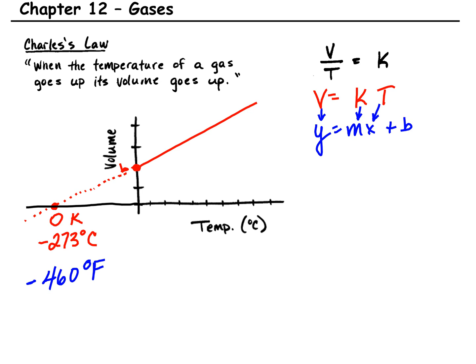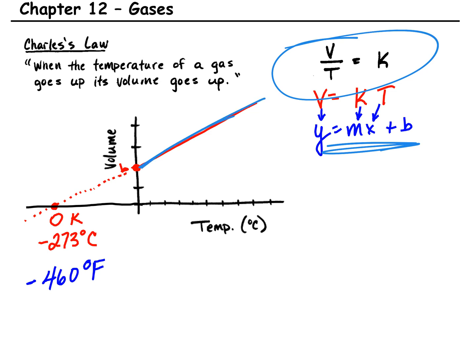If we made a graph of Charles' law, we would take the equation V over T is K and solve it for V, and it follows the form of y equals mx plus b, the equation for a straight line. If we put it on the graph, then we would have a straight line, and b is the intercept. That is when the temperature is 0 degrees, in this case degrees Celsius, the volume would be a certain value.